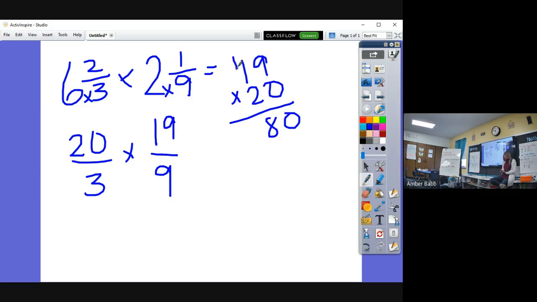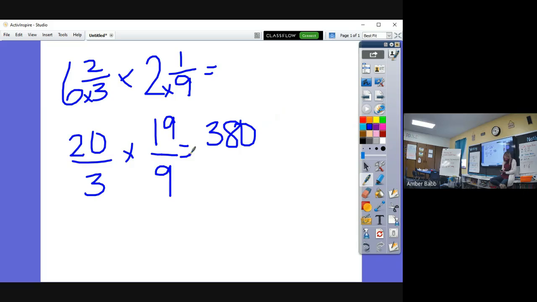So 380 is my numerator. 380 over 9 times 3. 9 times 3 is 27. How many times is 27 going to go into 380? Would you like 13 as a guess?